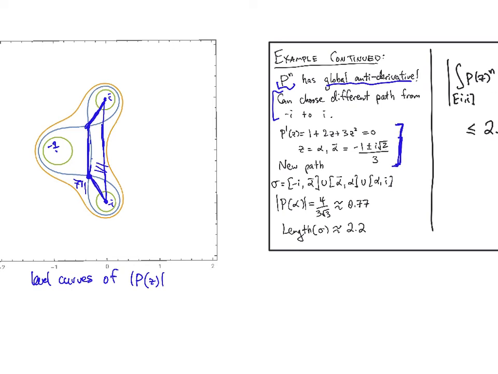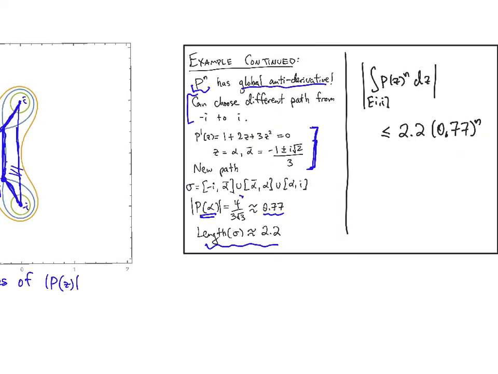And so if you follow the curve here and here, you get that the maximum of P along this new curve is the value at these points, which turns out to be like 0.77. And then the length of our new curve is a little longer, like 2.2, but we get a much better estimate now.